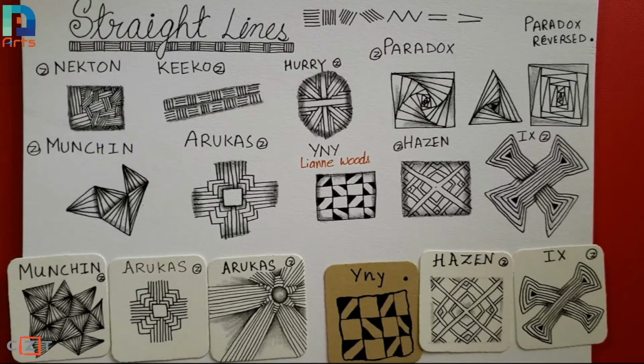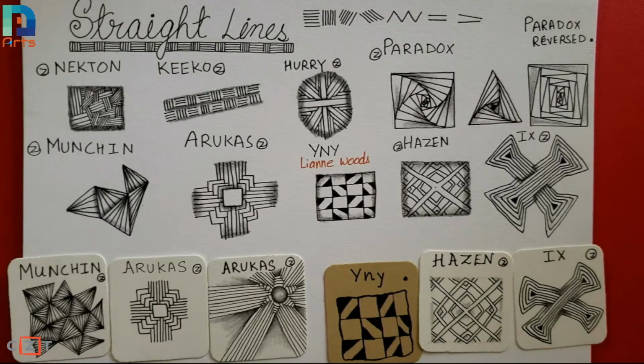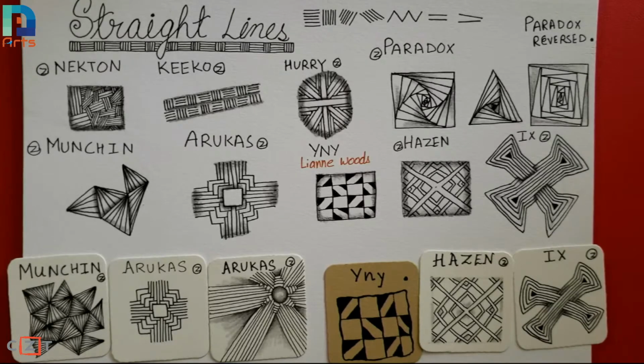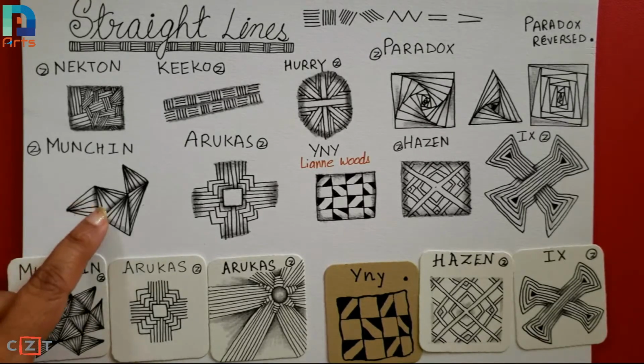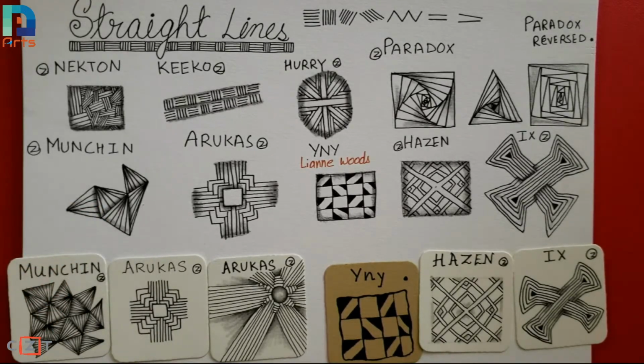Any preferences so far? Square Arukas. Okay, Hazen, new and very nice. Okay, Florence. Nice. Munchin and Paradox. Okay.